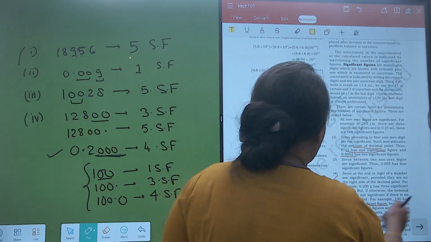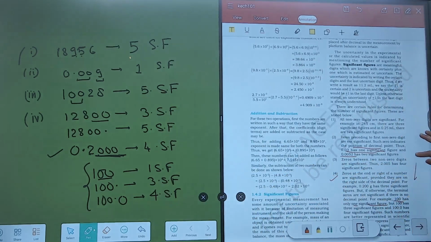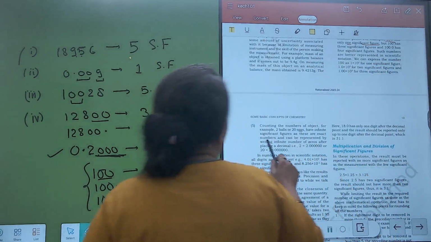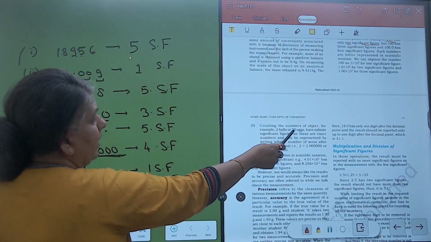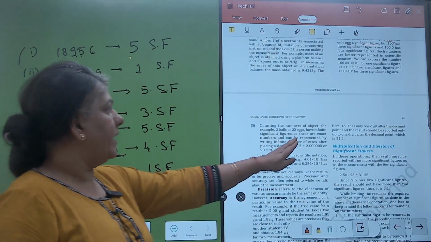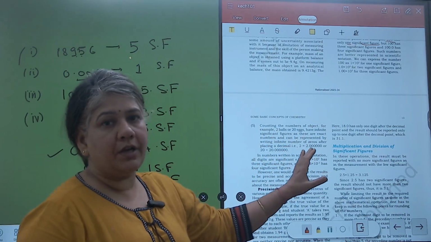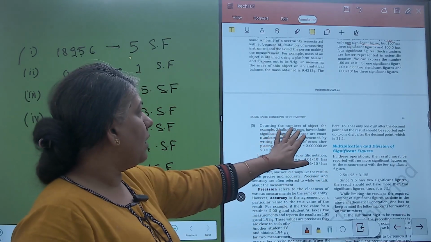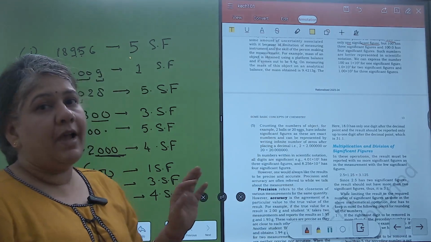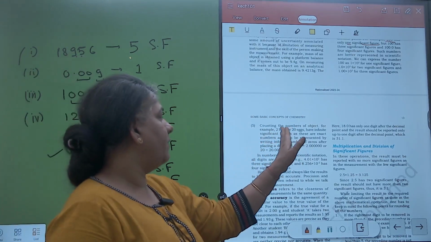Okay, next we come to the next rule. This last rule says counting the number of digits, for example, 2 balls or 20 balls, have infinite significant figures. If we are counting the number of objects, then it will have an infinite number of significant figures.